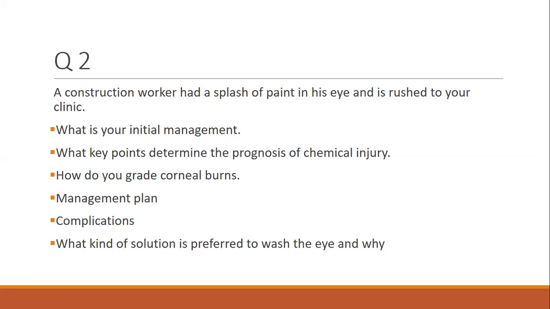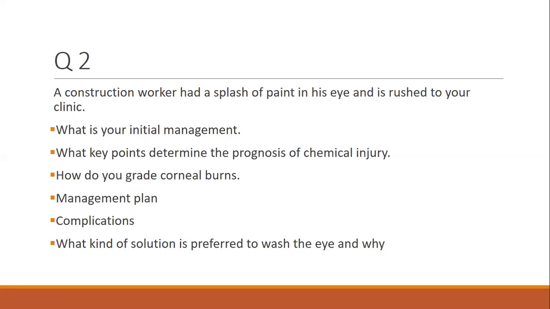So the first line of management is to wash his eyes with copious, if available, distilled water. It is better. Otherwise, normal tap water also can be used. Wash the eyes, and then we will check the pH.